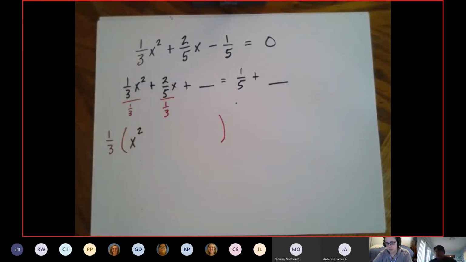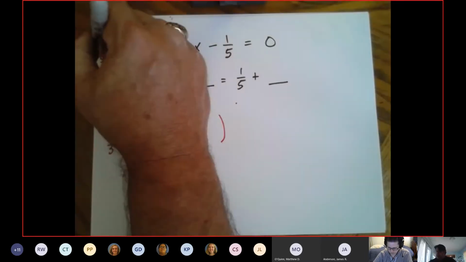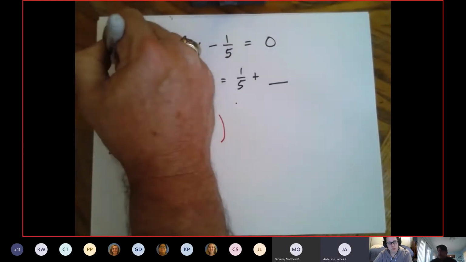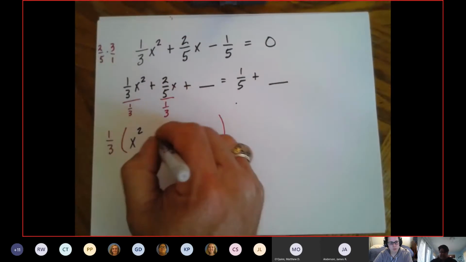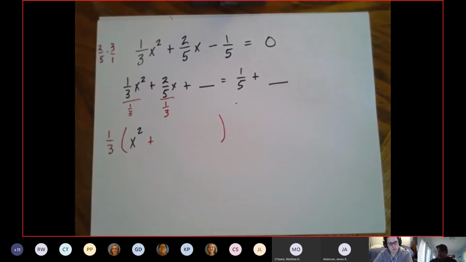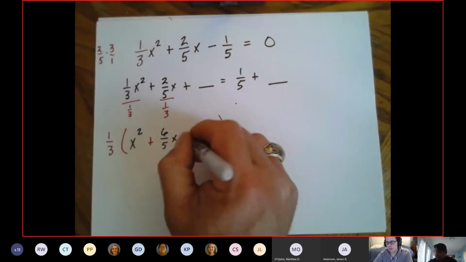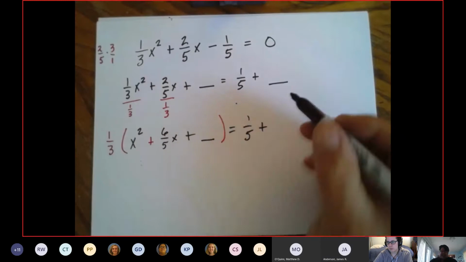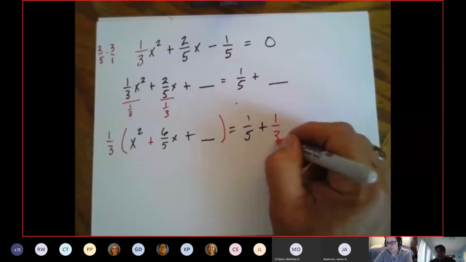And now I got to go over to my margin and do 2/5 multiplied by, what's the reciprocal of 1/3? 3, 3/1, so that's 6/5. Plus 6/5 x plus blank is equal to 1/5 plus, and whatever you factor out on the left side, you got to multiply by that right side blank.